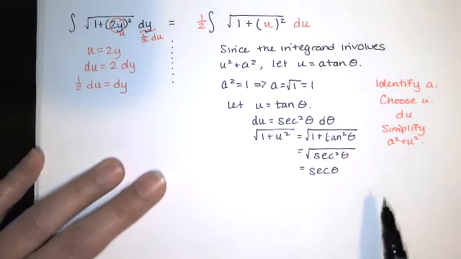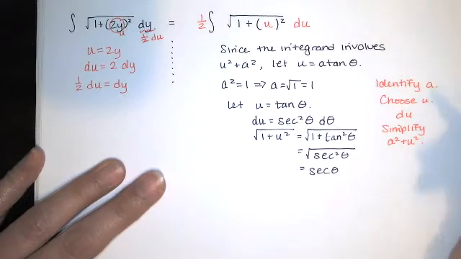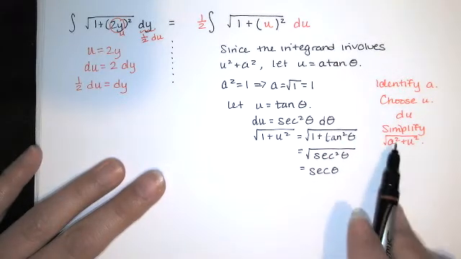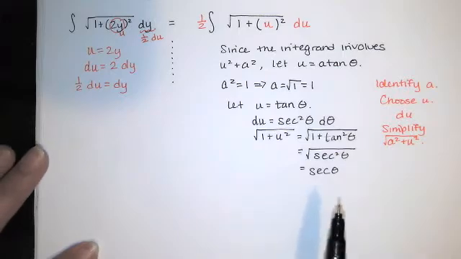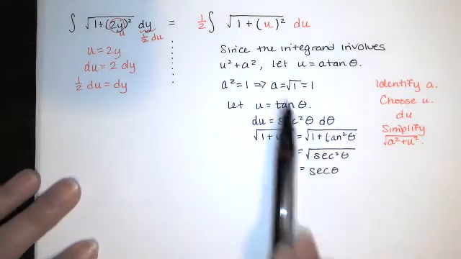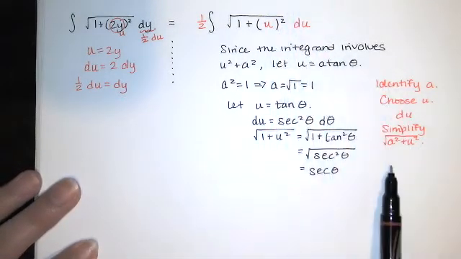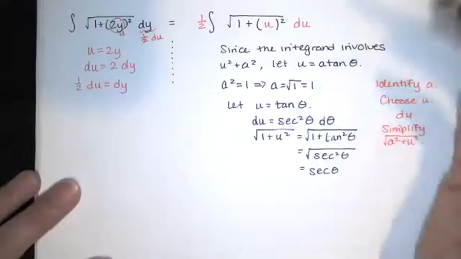In general, you can just simplify the a squared plus u squared. If you happen to have a radical, it's helpful to simplify that as well. Okay, so we see that we need a trig sub, then we do this. All of this was preparing to substitute.